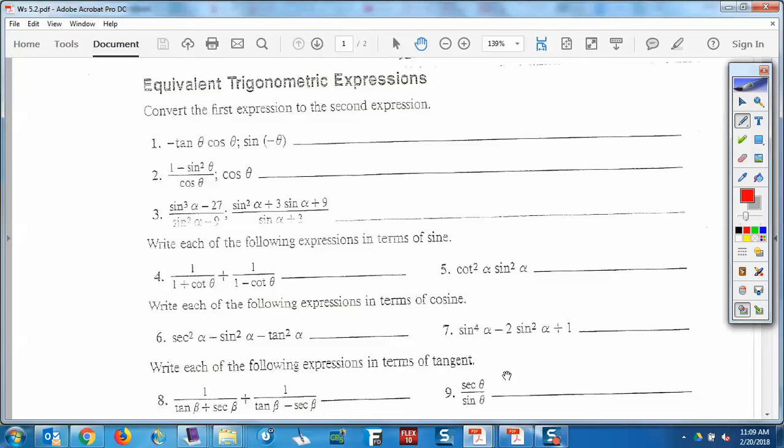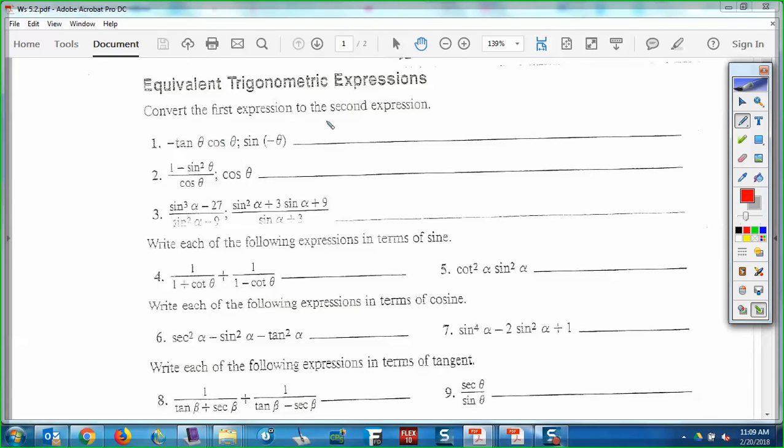So let's talk about a few of these. On number 1, for example, we're supposed to turn it into that. Well, negative tangent, we probably write that as negative sine over cosine. We take that times cosine, the cosines cancel. We get negative sine theta. Here's where it would be important to put that back into theta, but we know, hopefully, that since it's an odd function, one of our formulas is that if we put a negative inside, that's the same as having a negative outside.